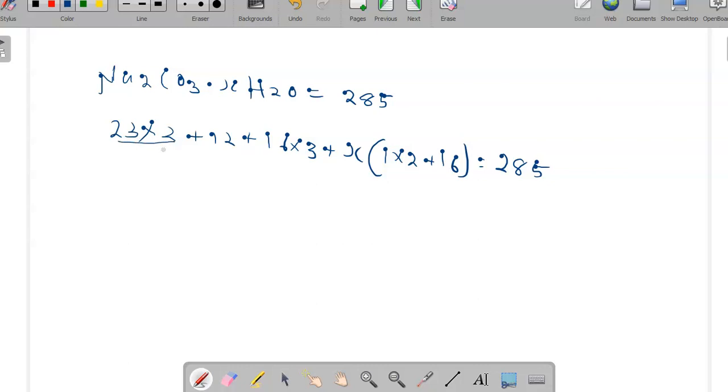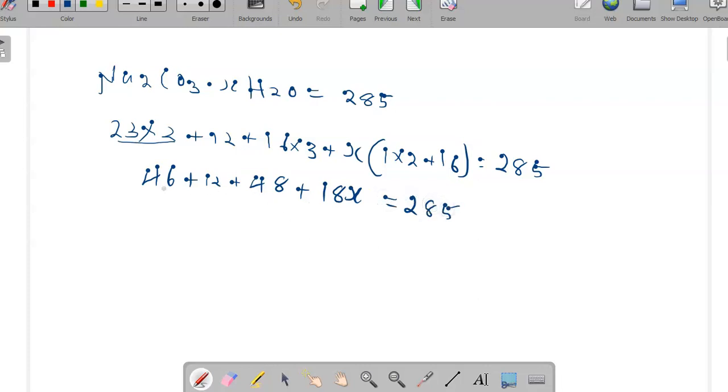Then when you multiply these, you get 46. That means you are saying 23 times 2, 46. Plus 12. Plus 16 times 3, which is 48. Plus 1 times 2 is 2, plus 16, 18. 18 times X, 18X is equal to 285.